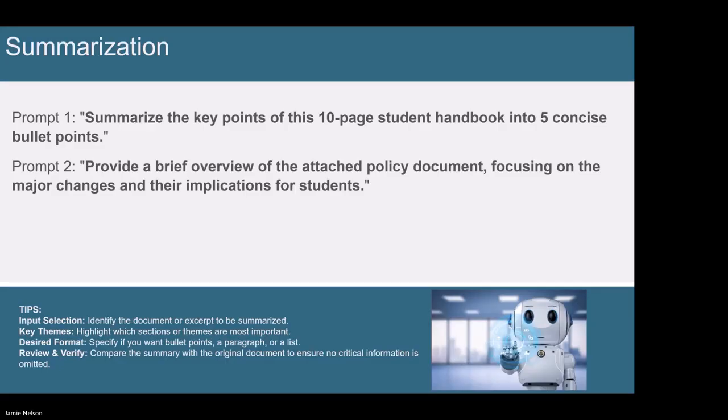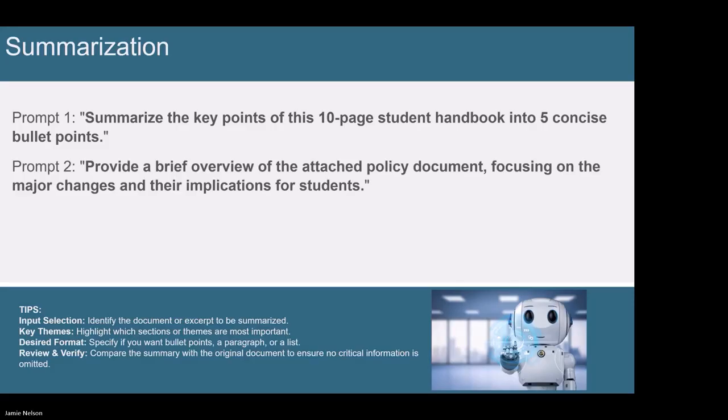So the concept of summarization: whether you're taking a handbook or some policy documents, you can actually ask AI to summarize documents for you. I do this myself when I'm using big documents. You can say, give me 5 concise bullet points.